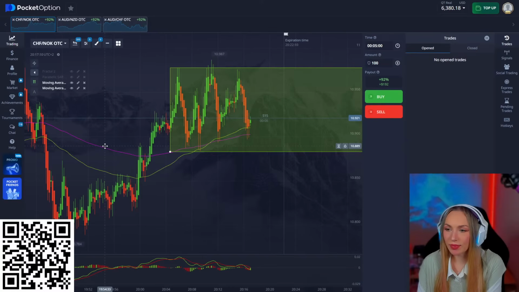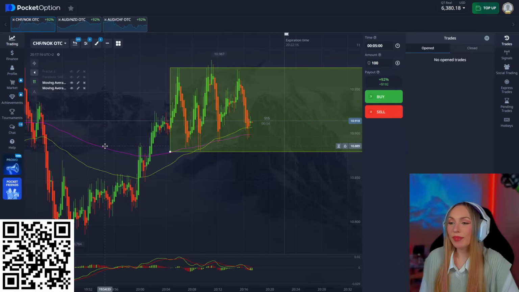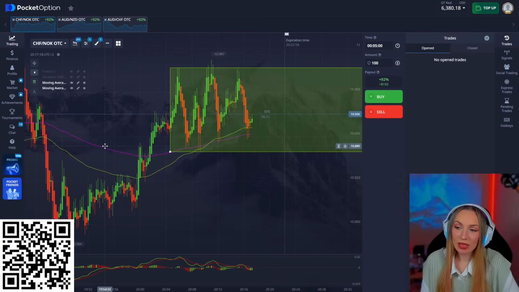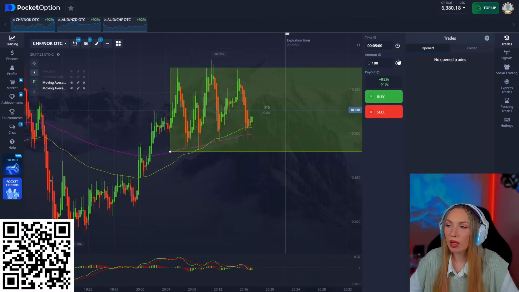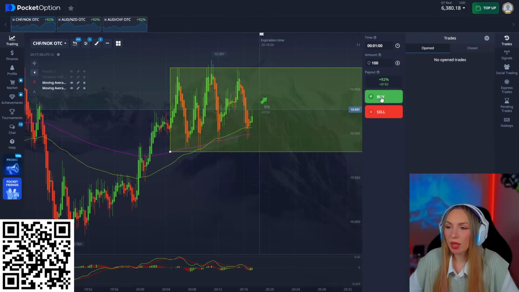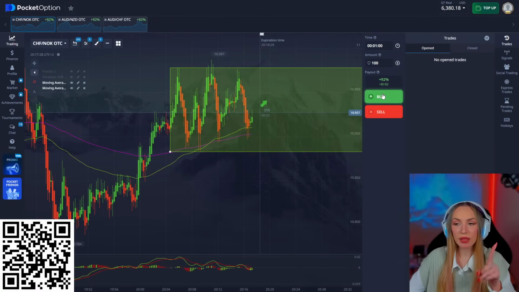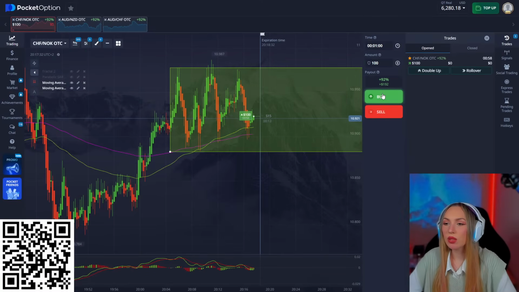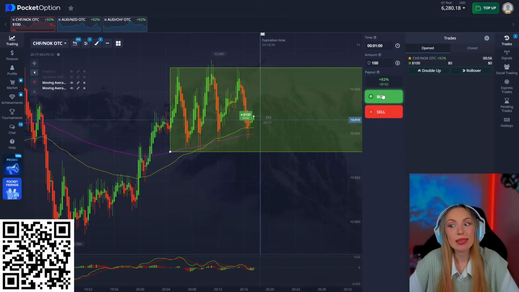But I'm just telling you that this one is going to be risky and not 100% sure that it's going to be profitable, but look, it starts going up. So let's prepare for 1 minute. Maybe I will open after the closure of this candle. Oh yeah, I entered $100, 1 minute.